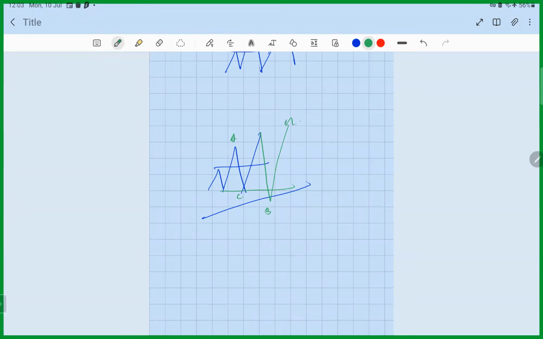Because this one, what kind of setup is this? Remember your last class? It's a one-line setup. Okay, it's a one-line setup. But I don't want to confuse you with that.